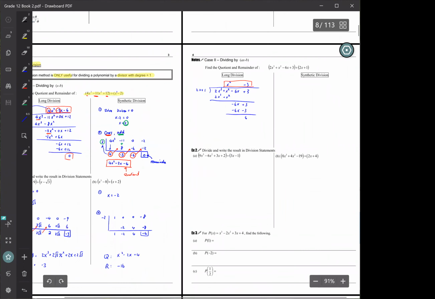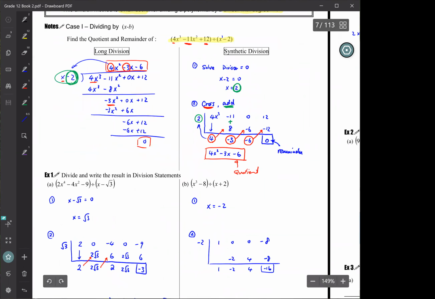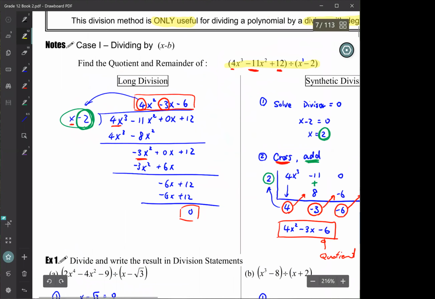The divisor we had always has x with a coefficient of 1. Look at case 1: divided by x minus b, so the x is always 1x only.